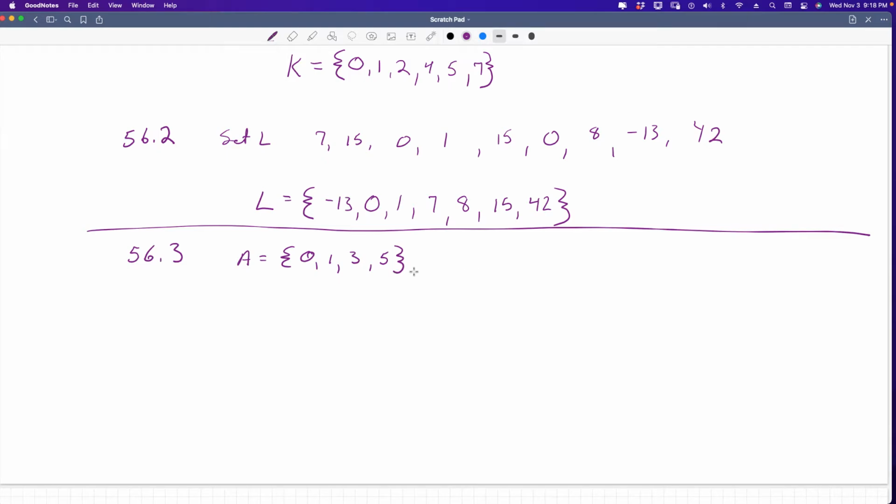And B is equal to 0, 4, 6, and 7. And C is equal to 1, 2, 3, 5, and 7.